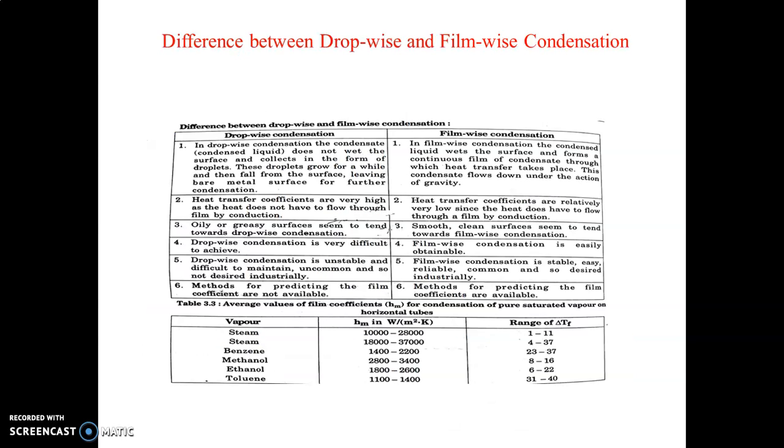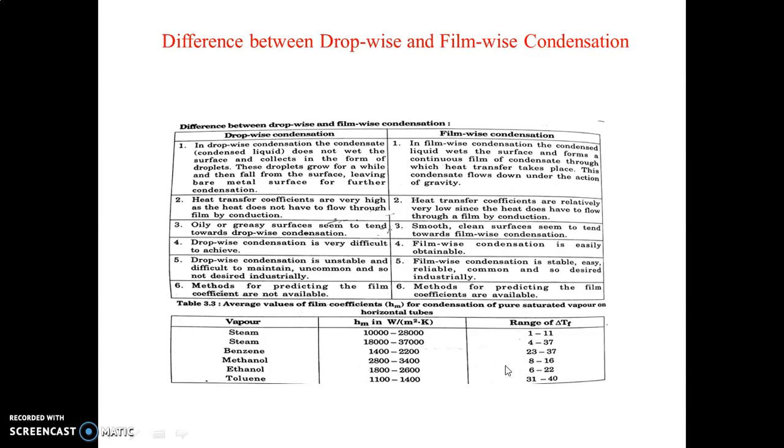So here we have concluded the last lecture, that is the difference between dropwise and filmwise condensation. Then you have to look at table number 3.3, which gives the average value of film coefficient, that means heat transfer coefficient, for condensation of pure saturated vapors on horizontal tubes.